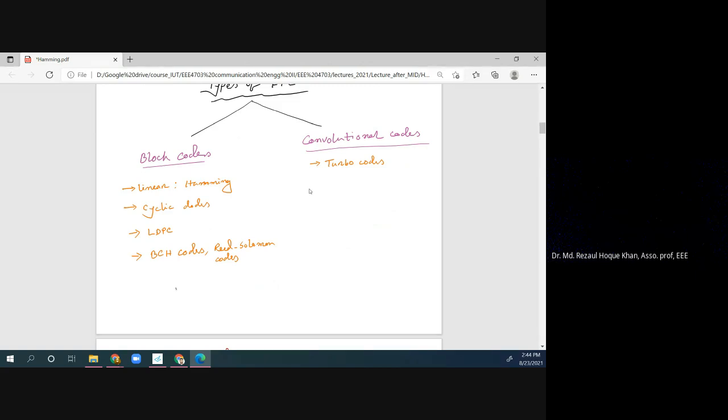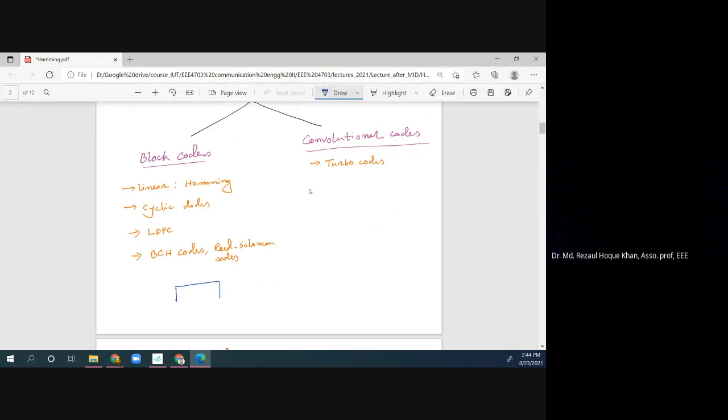For example, you have a stream of data 0 1 0, you give it as input to this block, it is processed, in our case a parity bit will be added, then the whole block comes out as an equivalent block of information. That is called block code.